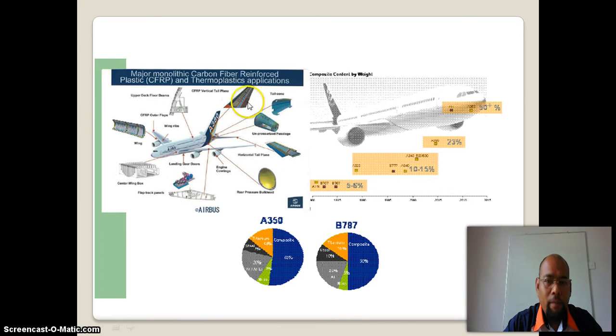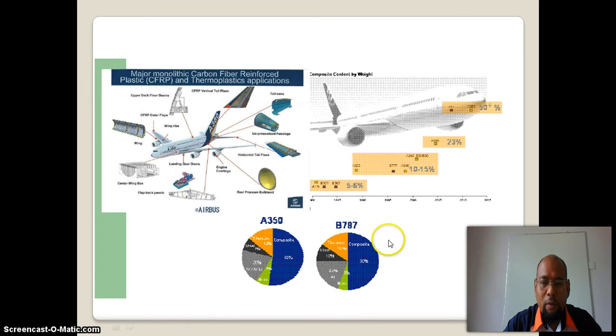Here we have another picture of the A380. If you look here, the tail section, the tail cone, the pressurized bulkhead, and the wing ribs are all made from composite material due to its lightness compared to metal structure and its strength.